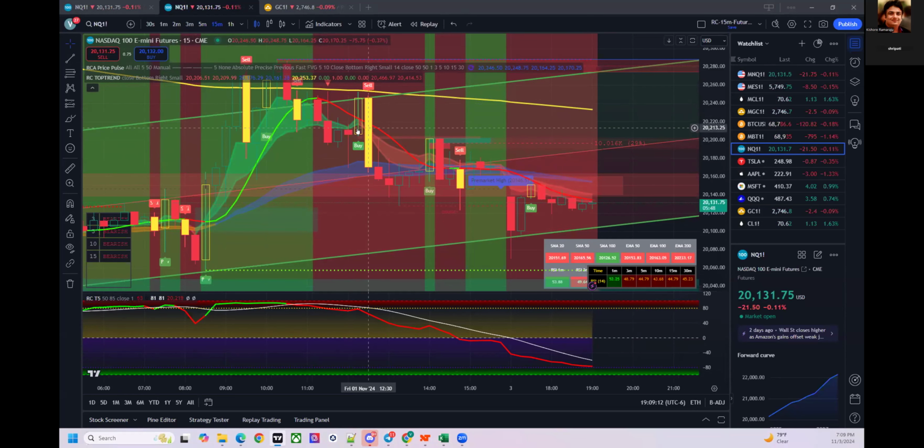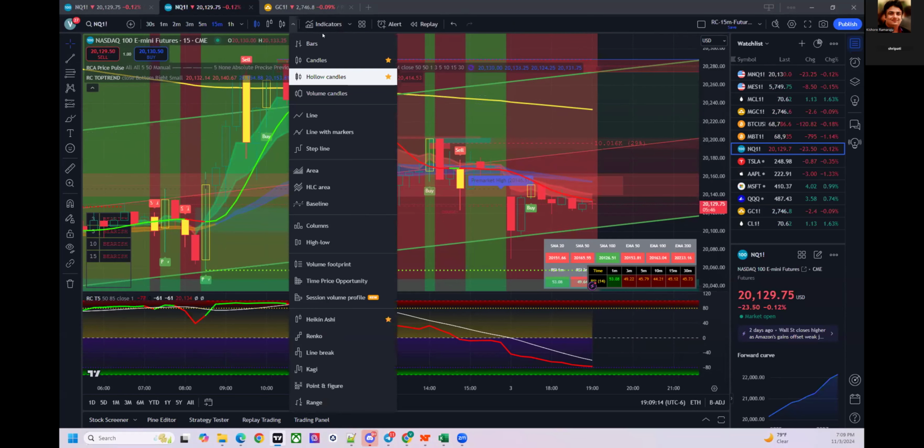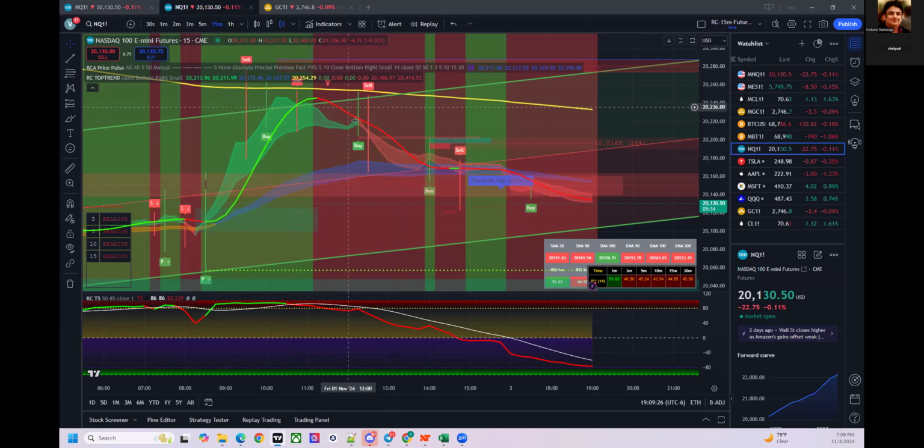So these candles, what do I need to do? You can select candle, normal candles. Just select candles. Either you can select that or you can select Heikin-Ashi. When I select candle, it's not displaying anything. Can you right click on the chart?